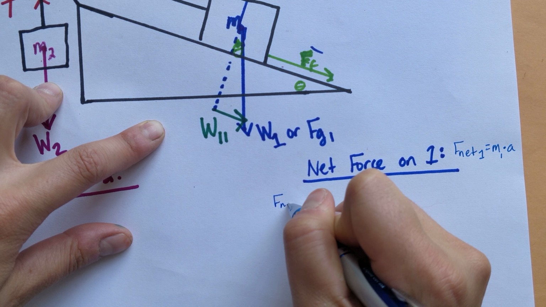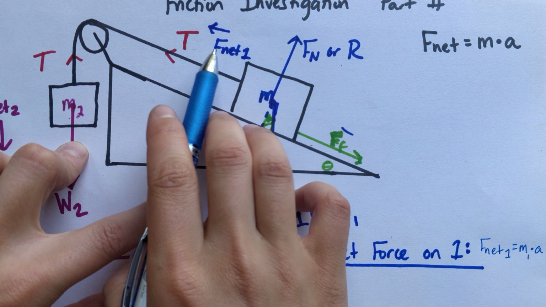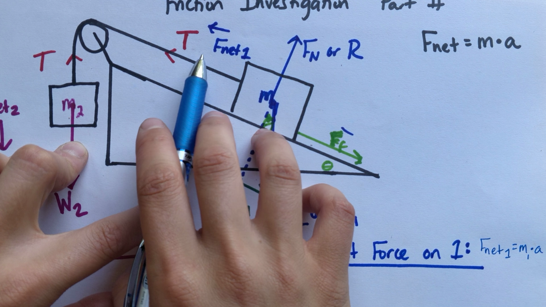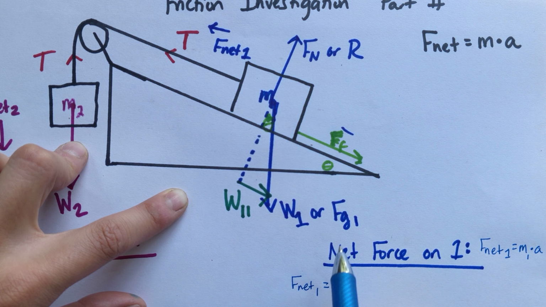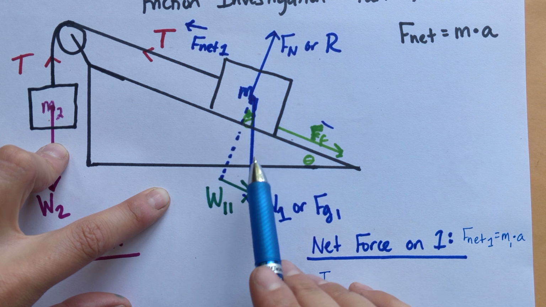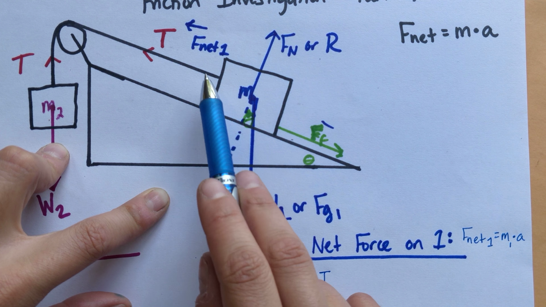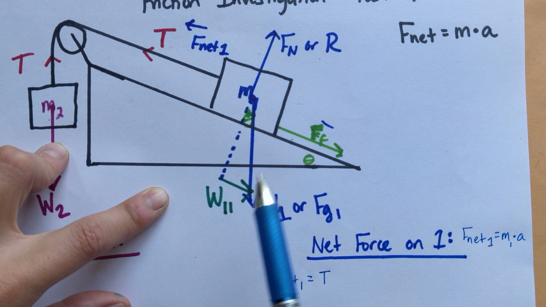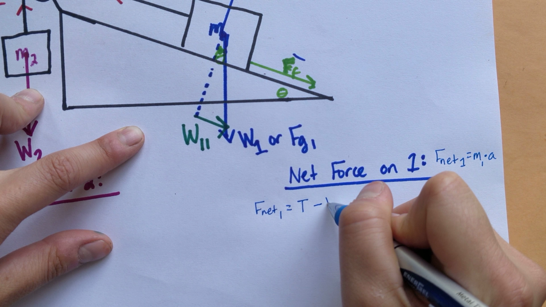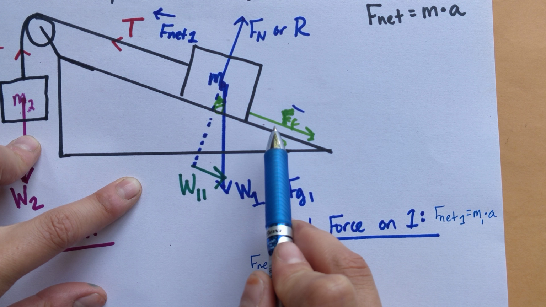F net 1 equals tension, and because tension is in the same direction as this F net 1, I'm going to write it as a positive T on this side. And then I have the parallel component of weight, and it's opposite to the net force, so I give this a negative sign, minus W parallel. And then I have the force of friction down the ramp.